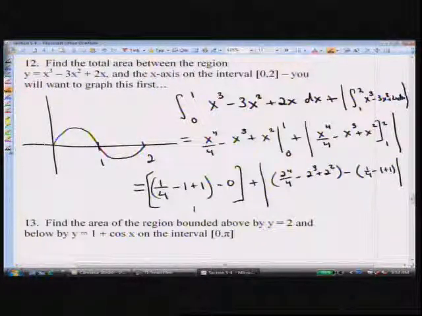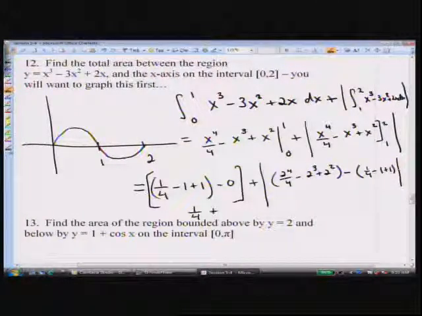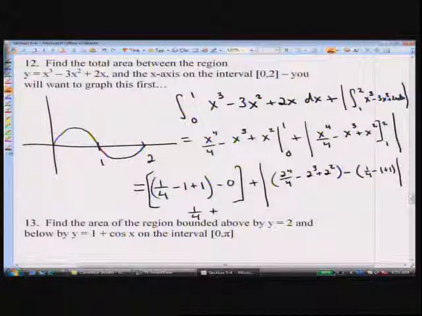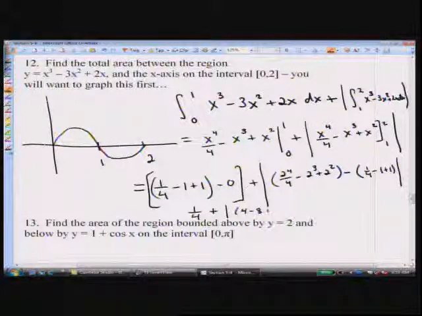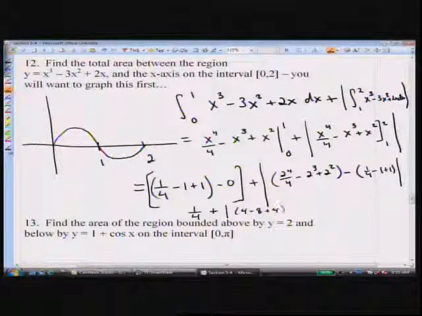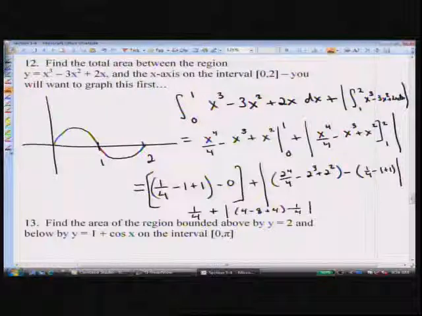Okay, so this is 1/4 plus, let's see, 2 to the 4th is 16 divided by 4 is 4. So this is going to be 4 minus 8 plus 4 minus 1/4, and then take the absolute value. So 4 minus 8 plus 4, that's 0. That's negative 1/4, which will be positive 1/4.